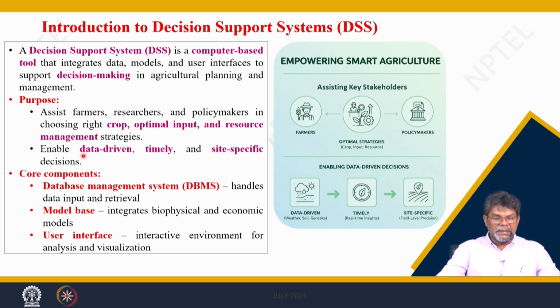It enables data driven, timely and site specific decision making. Particularly if you give advice to farmers in the case of weather based crop planning, the information should reach the farmers. The farmers can get prepared and decide how to take care of the crops to avoid any losses because of weather variability. Similarly, at the policy level, the information goes to policy makers and they can advise the government to create the infrastructure, to make the infrastructure ready as per the weather variability.